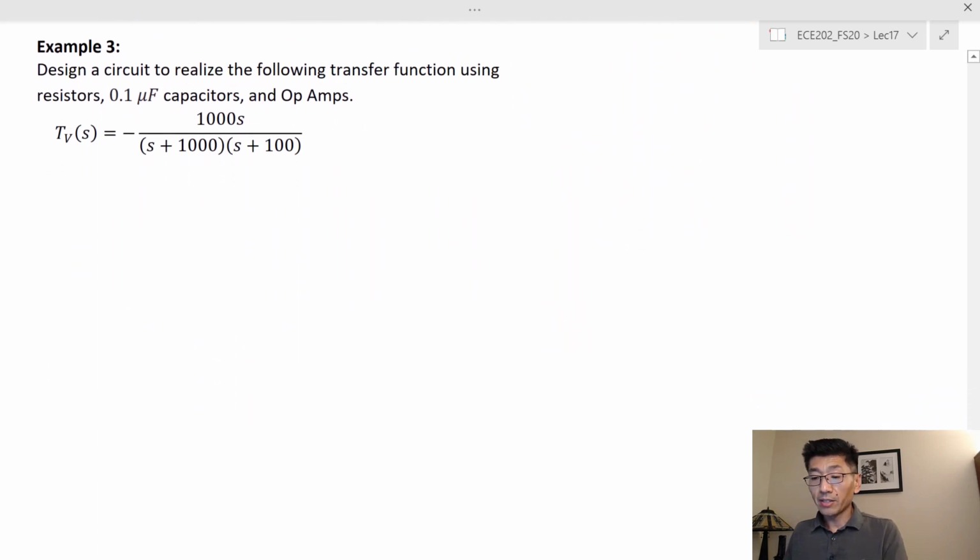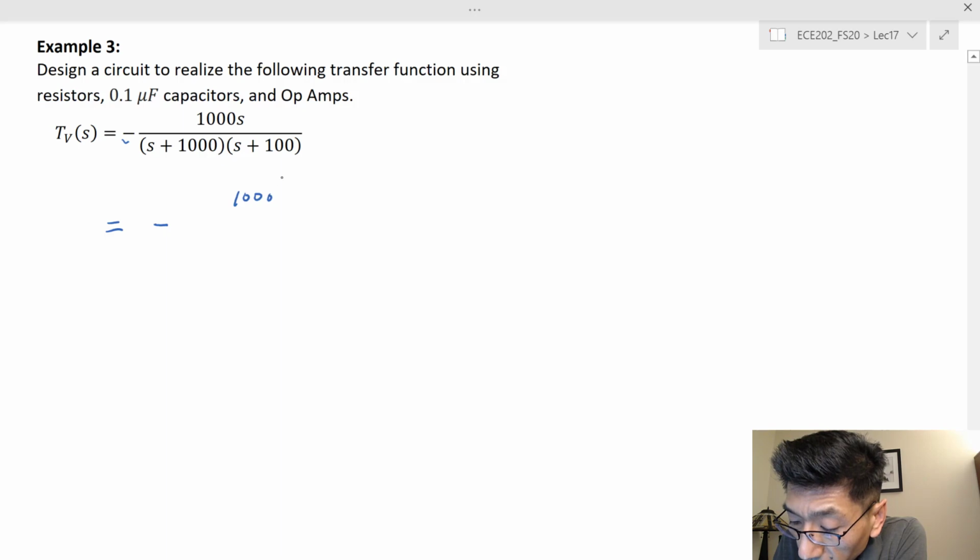Let's look at another example and see if we can figure this out. So in this case, I have a transfer function slightly different. I still have a negative sign here, and in this case I will divide by s on the numerator and denominator.